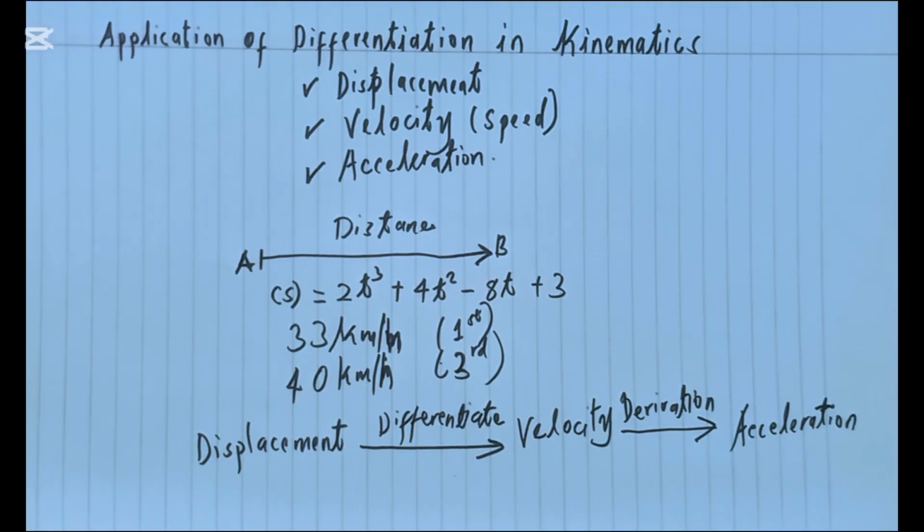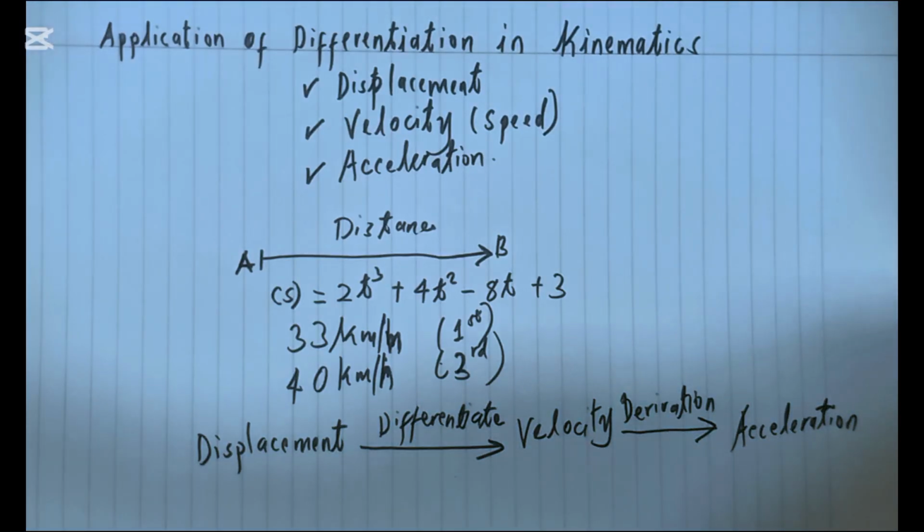That is going to be the basis of this class. We are going to solve problems and see how we can use the displacement function to find velocity and acceleration at different times. Let us handle our first example.